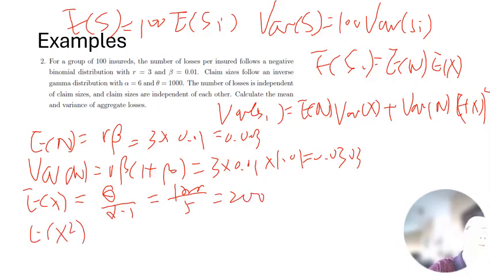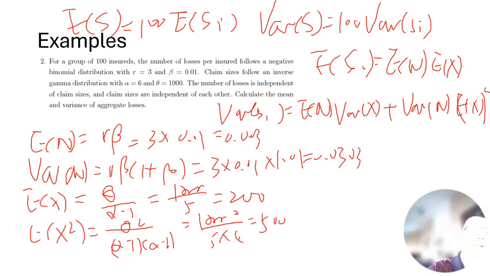EX squared will be equal theta square over alpha minus 1 times alpha minus 2, 1000 square over 20, which is 50,000. So VAR X equals EX squared minus EX squared, I'm going to skip to 10,000.